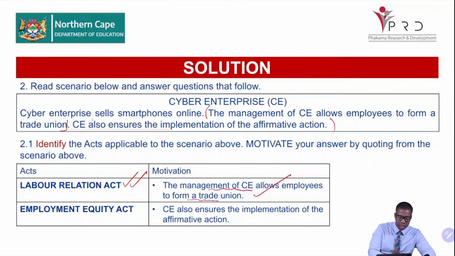You quote it in full, meaning you write it up to the end of the sentence. So let's check. CE also ensures the implementation of affirmative action, correct? Which act is that? Employment equity.